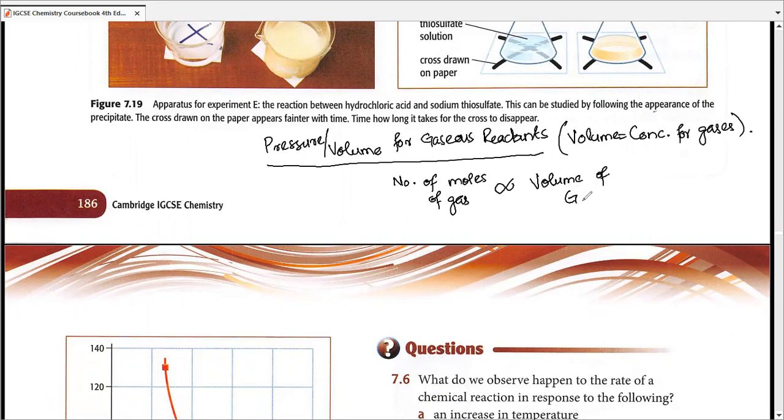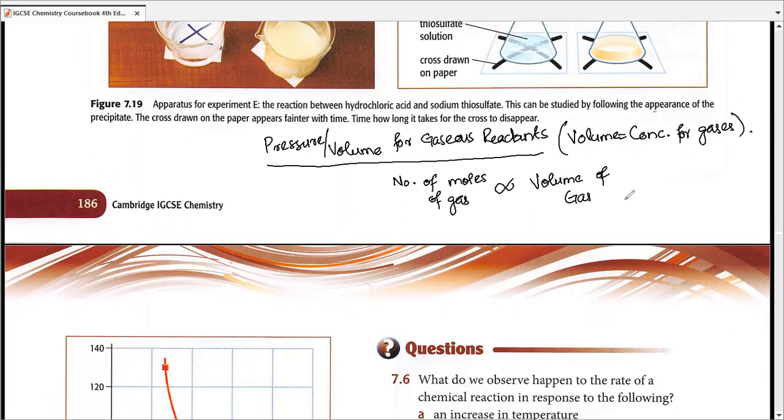Sir, so the volume would be 24, right? That is what we previously discussed for gases. That's molar volume, which means we're talking about 1 mole of a gas at room temperature and pressure. Molar volume has a very good specification for it.